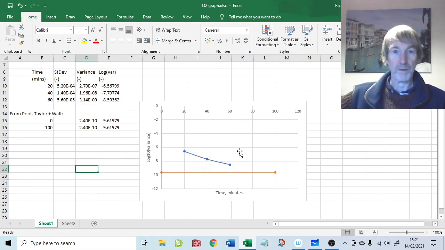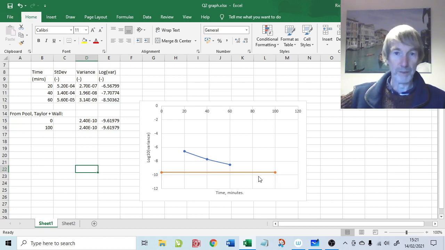At 60 minutes we're still a little bit off, certainly more than an order of magnitude off on the variance, and if we extrapolate we could make a case that the mixing needs to carry on for maybe 80 or 90 minutes. So if nothing changes in terms of what's going on during the mixing, we would estimate that we need a 90-minute mixing time to get to the best mixing.